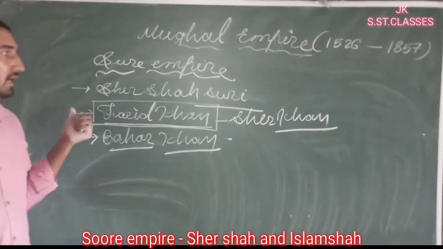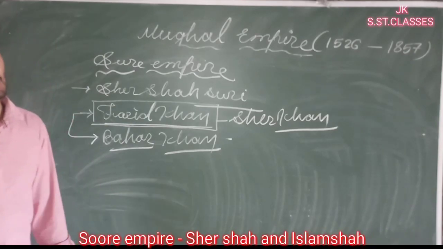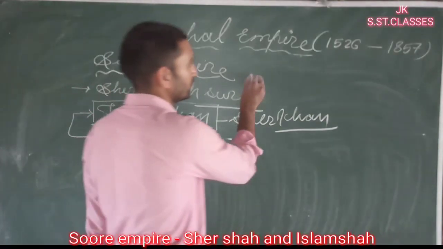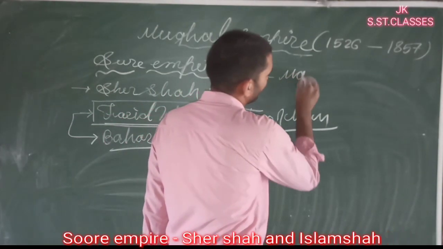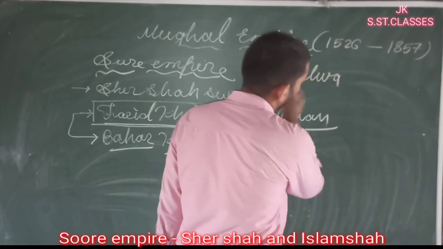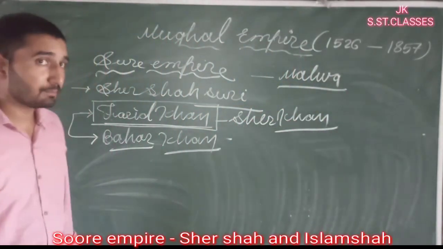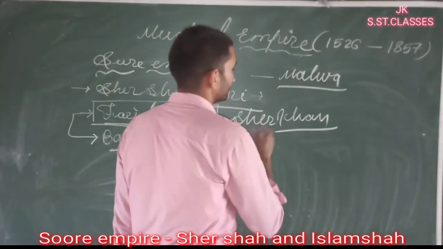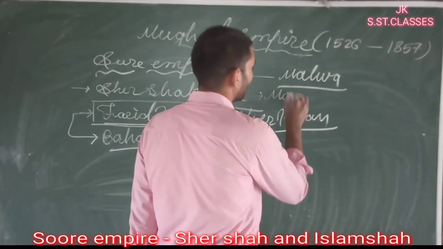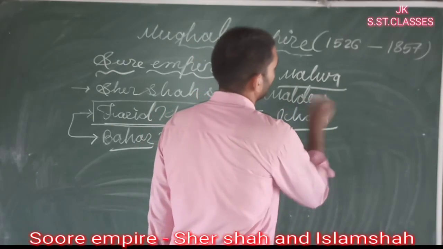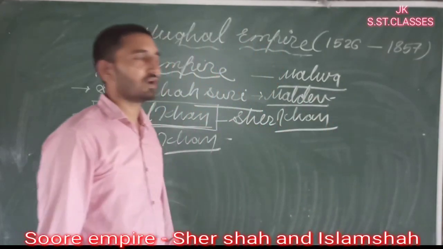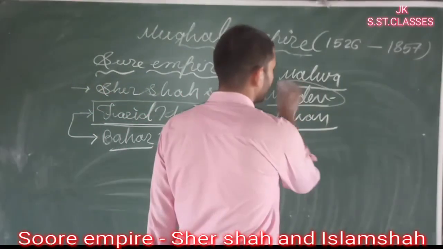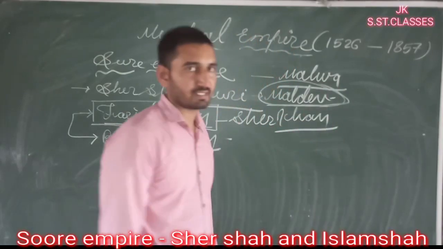Okay, so after getting victory in the Battle of Kannauj, he founded the Soore Empire, and he also conquered the region of Malwa. The most important victory related with the life of Sher Shah was the victory over Maldev, the Rajput ruler of Marwar. Okay, so Maldev was defeated by Sher Shah.